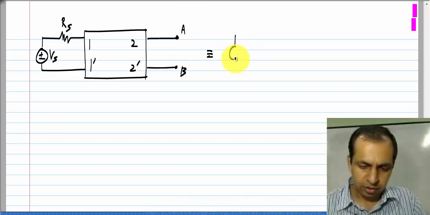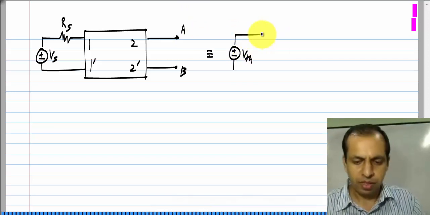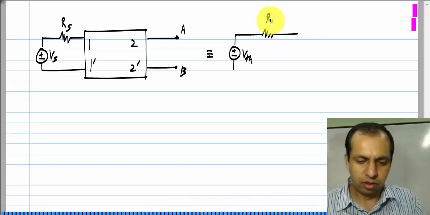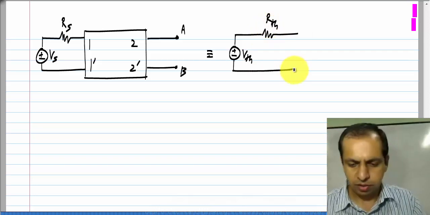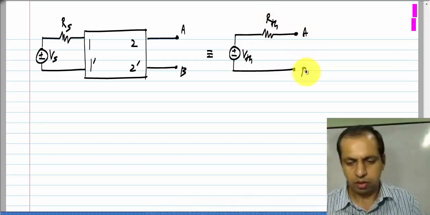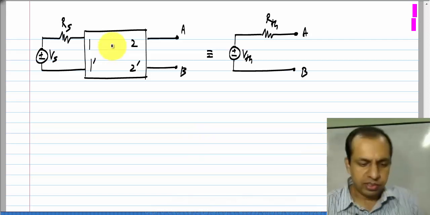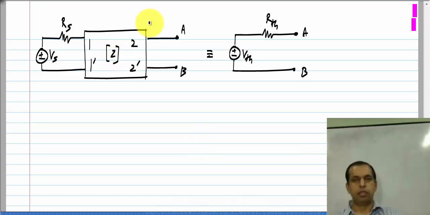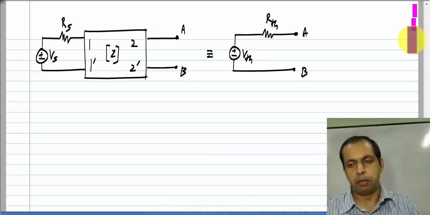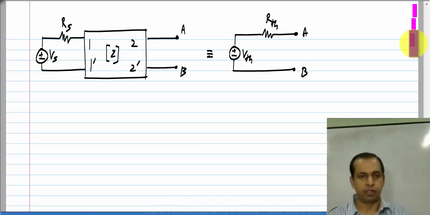That is, we need to find the Thevenin voltage and the Thevenin resistance between A and B, and that also can be done in terms of the 2 port parameters. Okay. So, in this case let me assume that the 2 port is described by Z parameters instead of Y parameters.